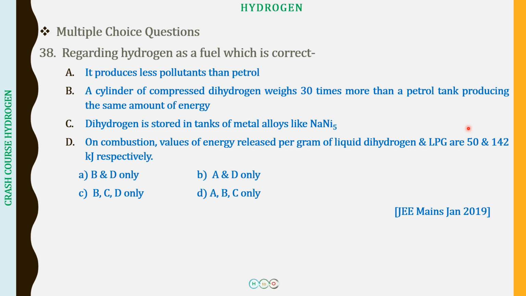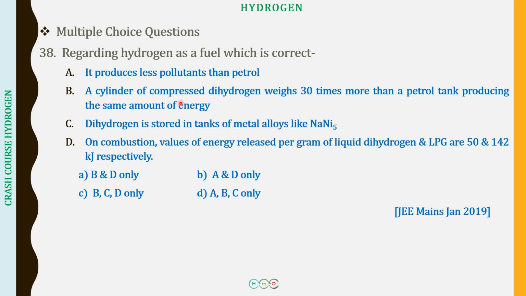But the problem is that there are certain disadvantages or limitations of using hydrogen as a fuel, and they are one thing that I told you, that impurity, that is nitrogen going to be present and oxides of nitrogen being there. But more important than that is that if we look at the weight hydrogen occupies in comparison to a petrol tank.